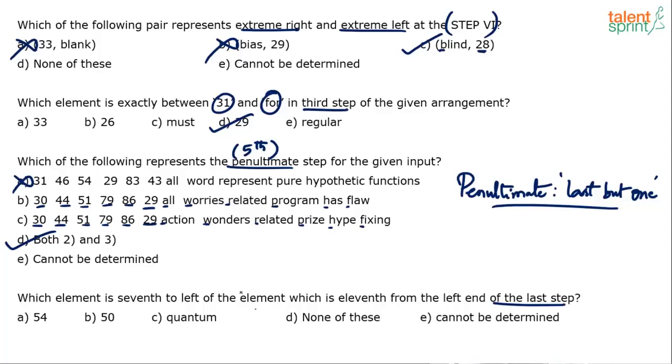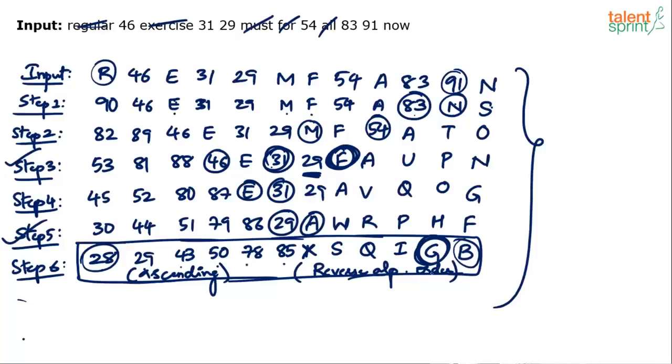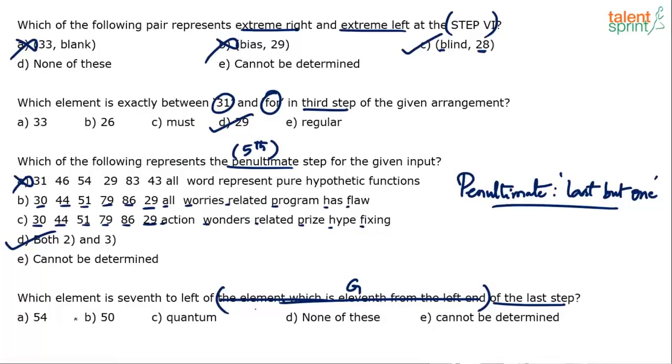Now the element which is 11th from the left end is G. So this can be replaced with G. Now reread the question. Which element is 7th to the left of G in the last step? Left of G is this side, right? 7th to the left of G. 1st, 2nd, 3rd, 4th, 5th, 6th, 7th. 50. Answer has to be 50, which is option B.